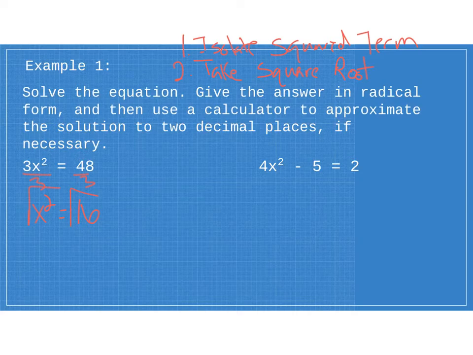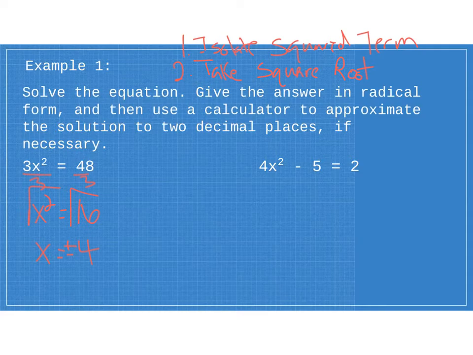So square root, and we get x equals 4. And really the answer here is going to be plus or minus 4. Which I will go into detail in a little bit of why it is plus or minus.